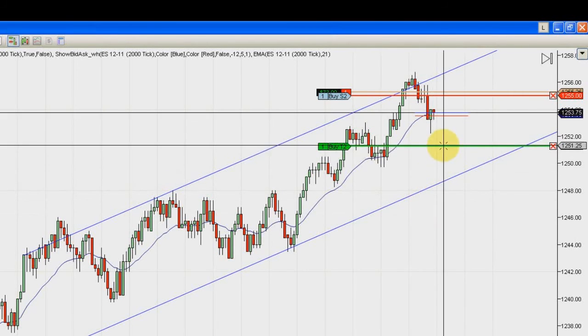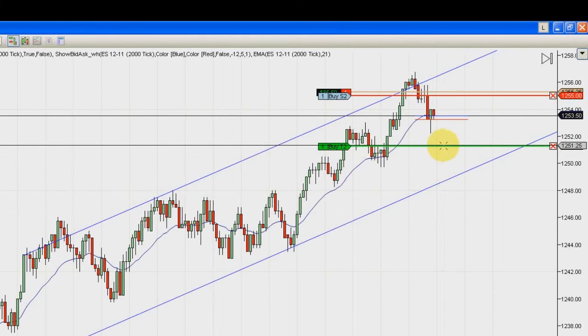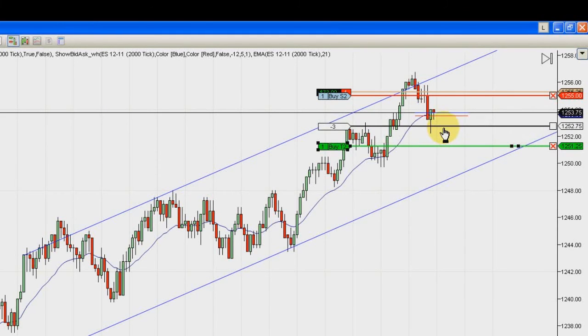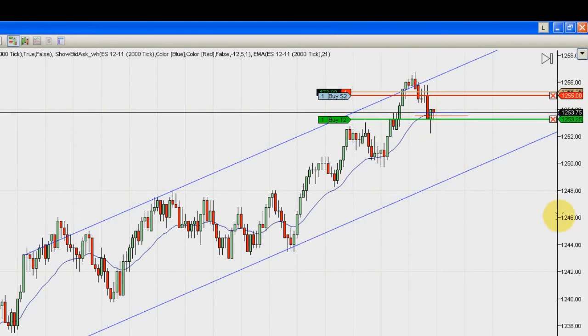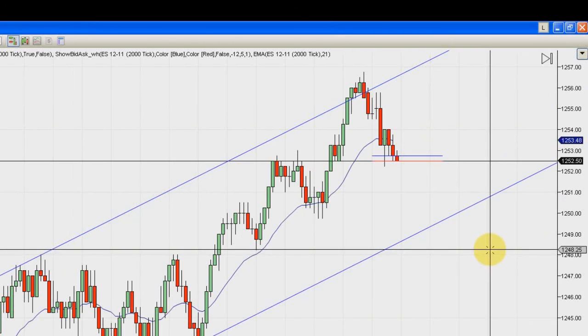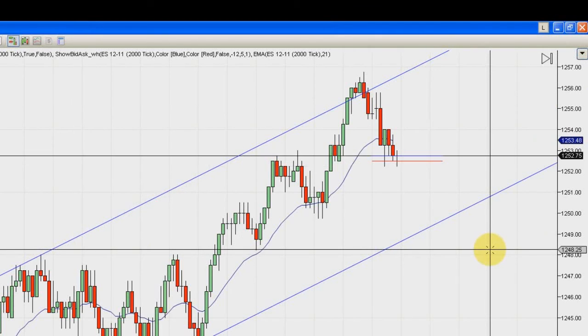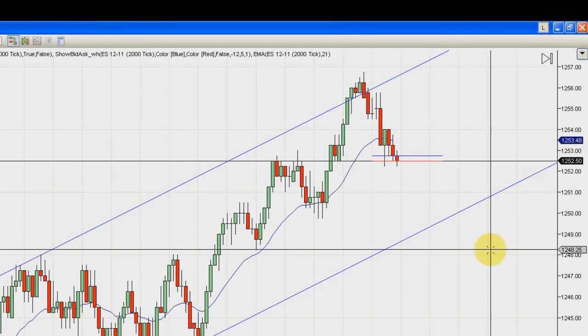Actually, it looks like I must have put the wrong trade strategy in here because we're actually trying to get 4 points there, which we might get out of this trade, but it's a counter trend trade. I think 2 points is good. Okay, there we go. It shot through our order. We got our 2 points. And so we got a nice 3 points off that trade.